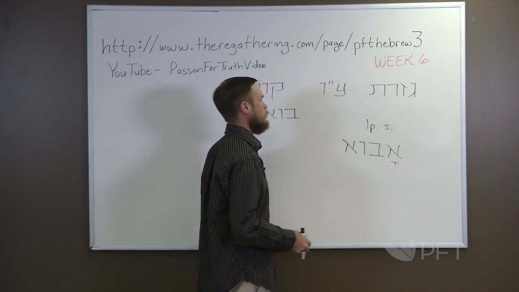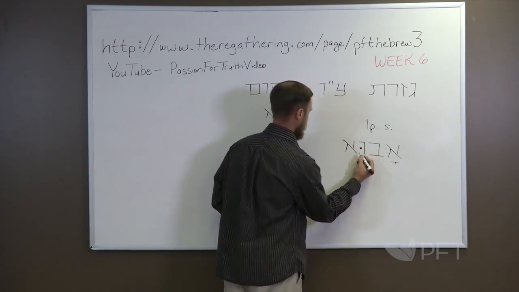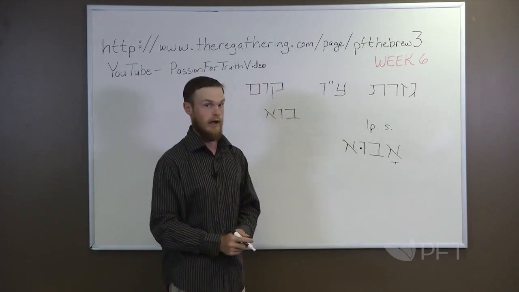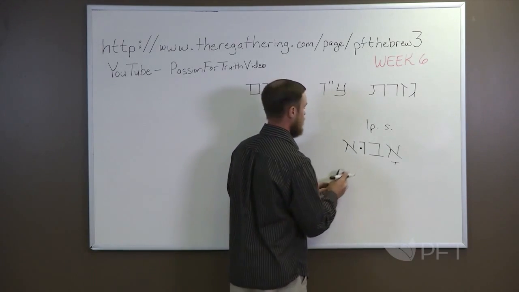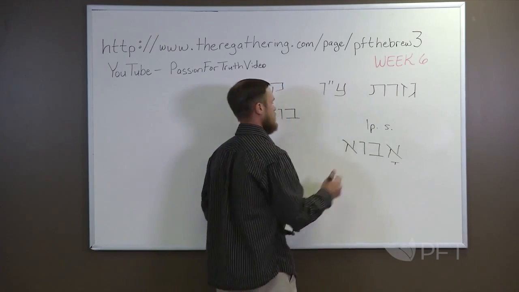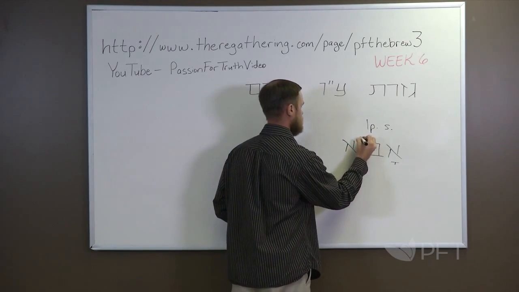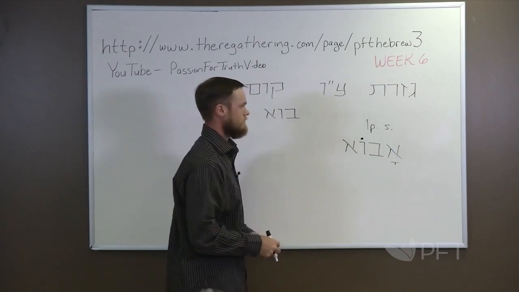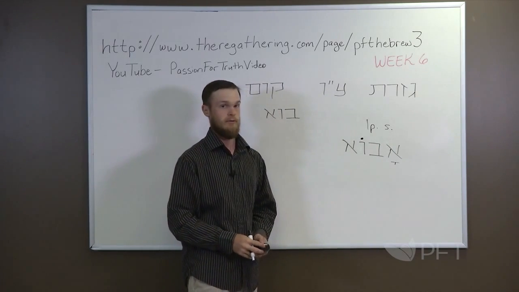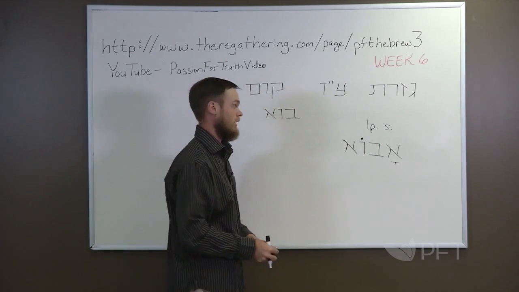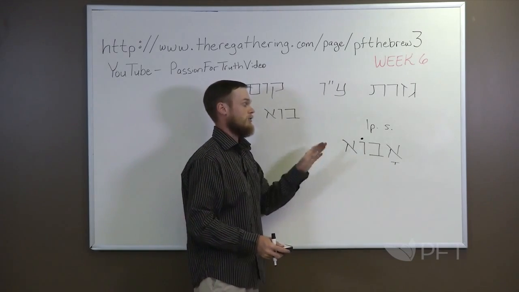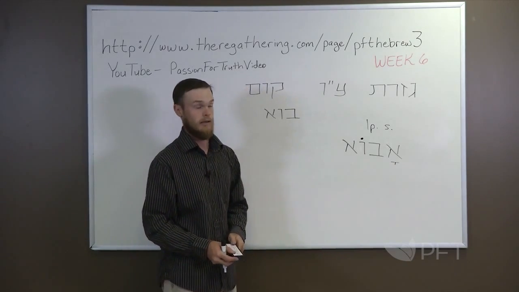But instead of saying avu, remember akum would mean I will rise, I will come, instead of avu is avo. So just change that shuruk to a cholam, and you've got your entire conjugation for the future tense of bo.